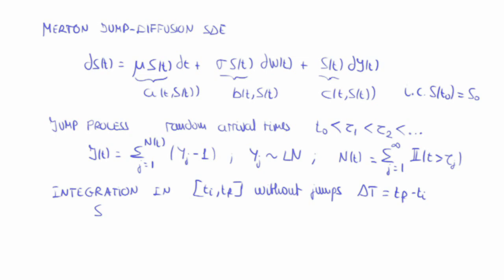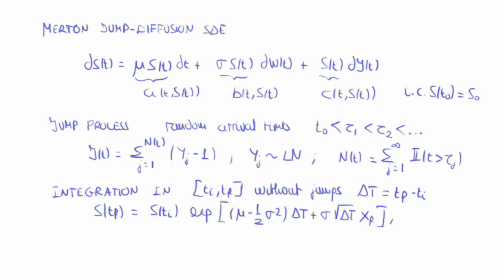The value of the process at the end of the interval can be expressed in terms of the value of the process at the beginning of the interval using the formula for geometric Brownian motion. X sub f is sampled from a normal 0,1 distribution.